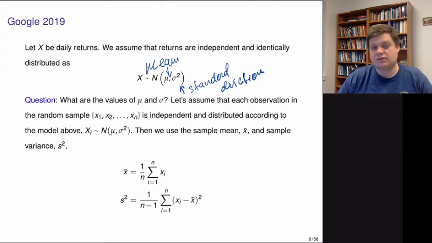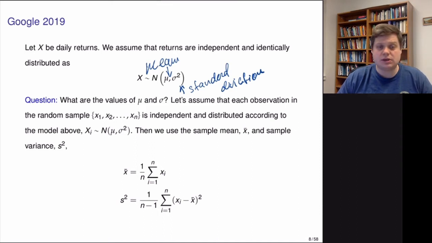The question is how to find those values mu and sigma. Again, we assume that we just observe an independent random sample from this normal distribution. And so each of the observations, each of the daily returns, comes from the same distribution. So it's one distribution that describes the returns on any of the given days.